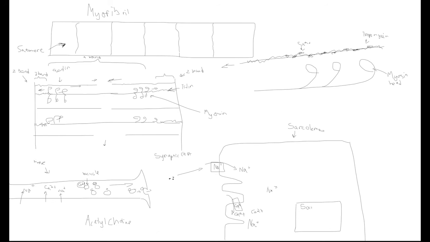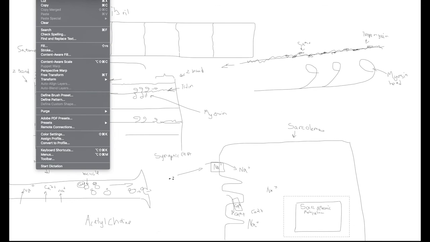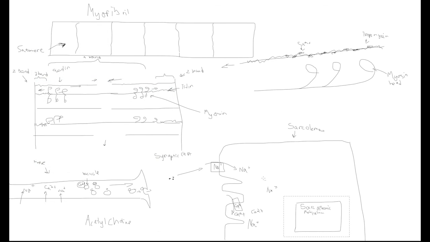Okay, so now I want to talk about something in our muscle cell that is called the sarcoplasmic reticulum. It's in your muscle cells. It's called the sarcoplasmic reticulum. And actually, I'm just going to move it, because I want it to be closer.